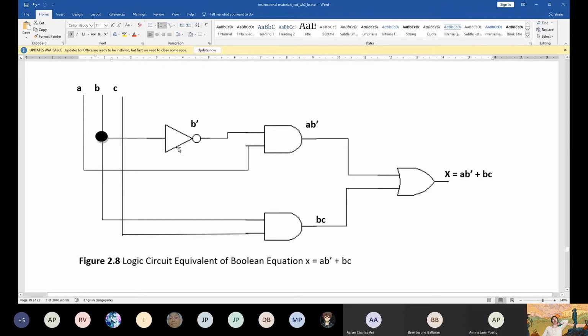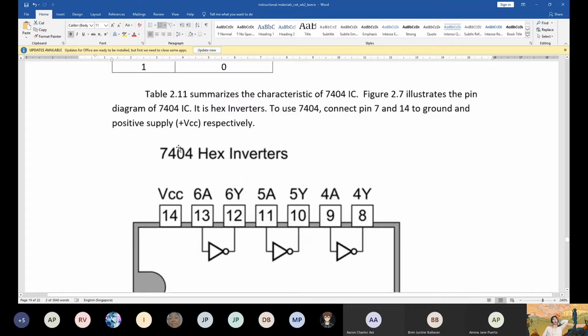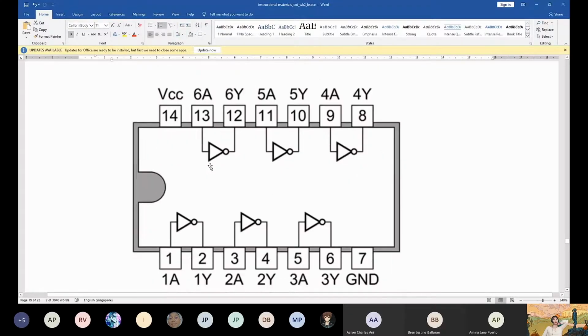And lastly, for the inverter, we have the hex inverter 7404. So how many inverters? Six. So you have 6 inverters in the 7404 packaging, but you will only need 1, so you have 5 spares.